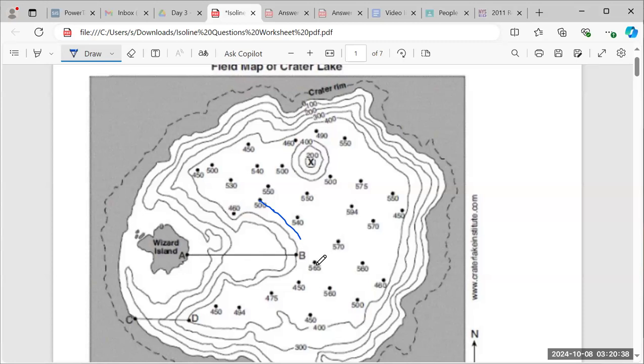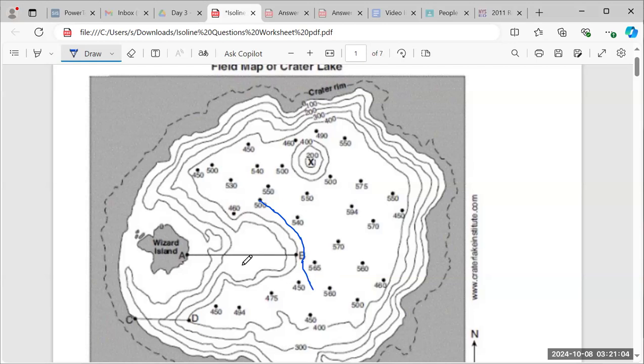No, but 500 can fit in between 565 and 400. So I'm going to continue my line here. All right. Can 500 fit between the 400 line here and 450? No, but 500 can fit in between here. So I'm going to continue my line. Right? 500 can fit in between these two.